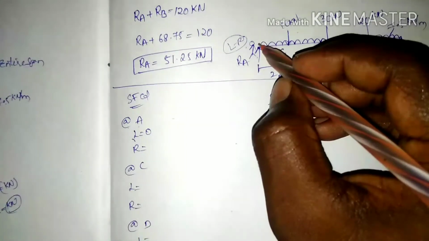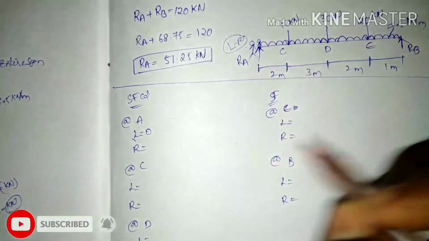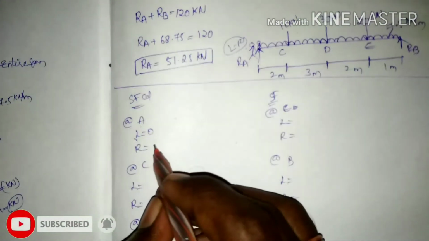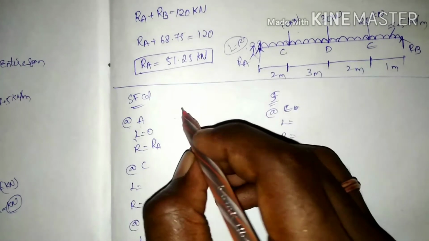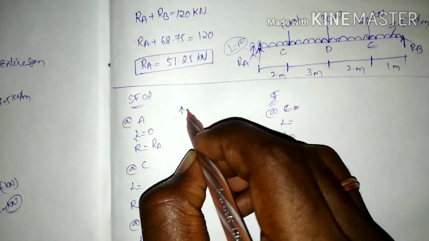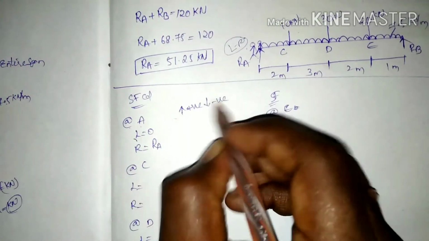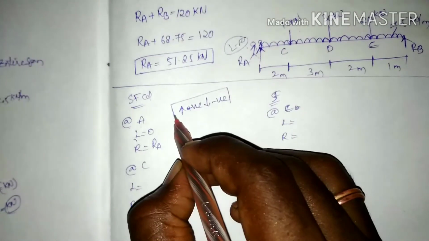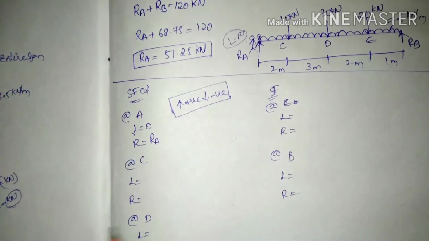Next, if I stand just right of RA, I find that RA acts in the upward direction. Here we have the sign convention that upward is positive and downward is negative. Follow this kind of sign convention for calculation of shear force. Next, moving on to C.